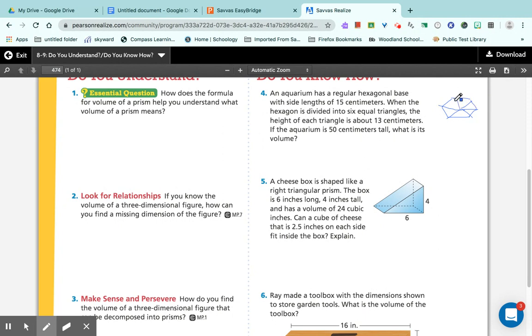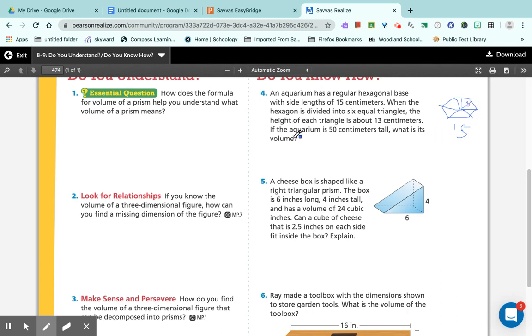Okay, and then within each one is a height of 13, but a base of 15. So 15 for each. And then height here is 13.